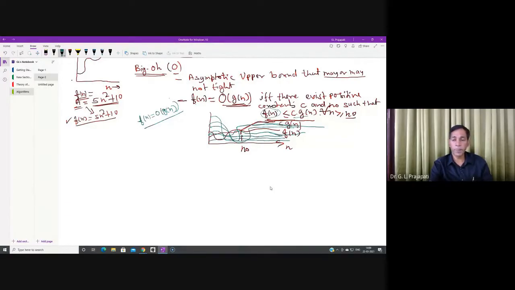And that's why I'm saying that this denotes the upper bound, but may or may not be tight. So like this, if you have some g of n, you may have some g of n is n square.